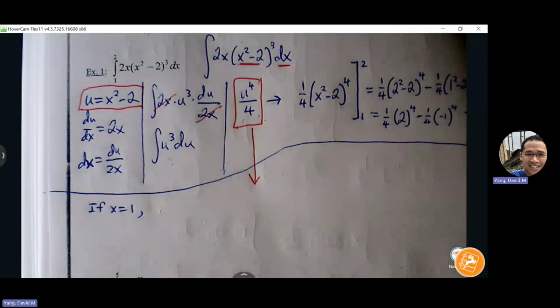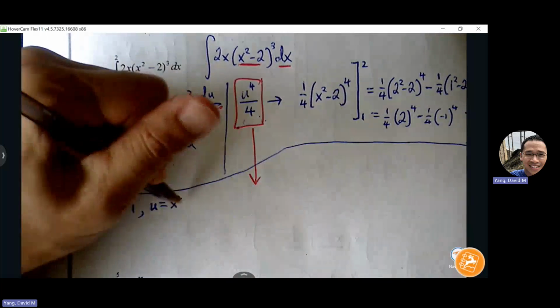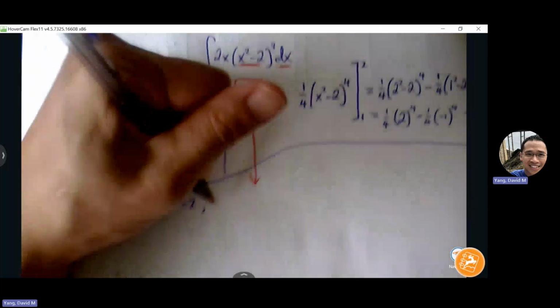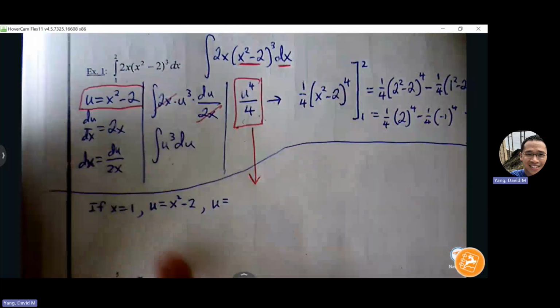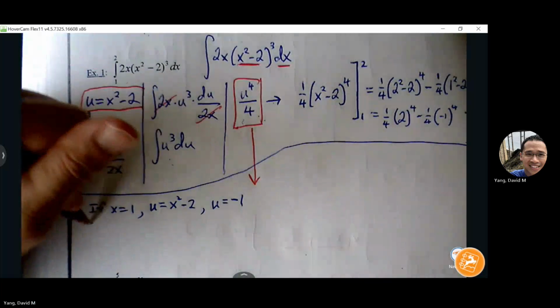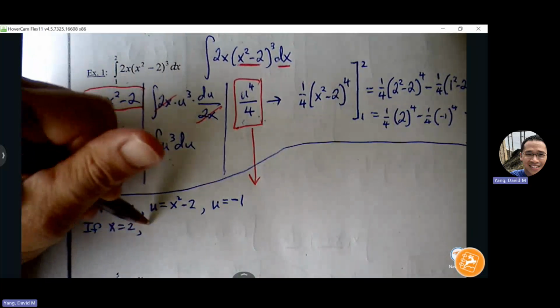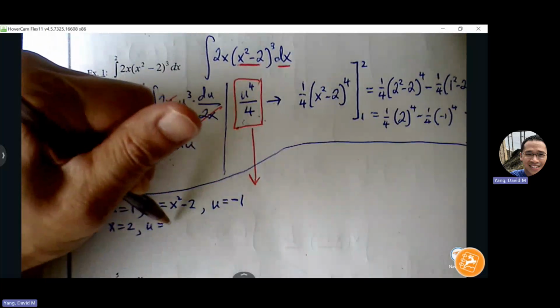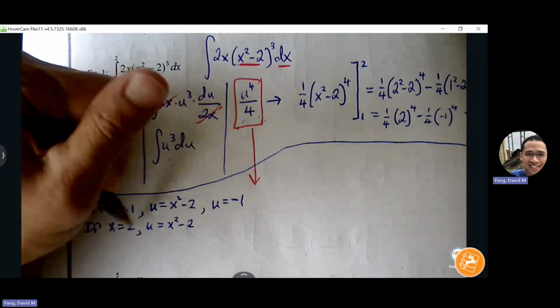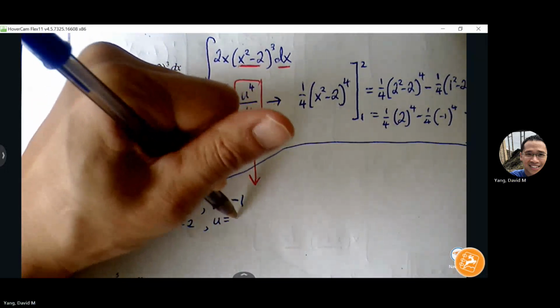If x is equal to 1, and we know that u is equal to x squared minus 2, then our adapted lower bound is going to be 1 minus 2, which is -1. If my upper bound started off as x equals 2, then u is going to be x squared minus 2, which is 4 minus 2, which is 2.